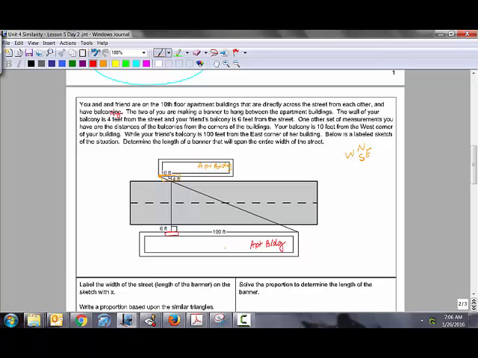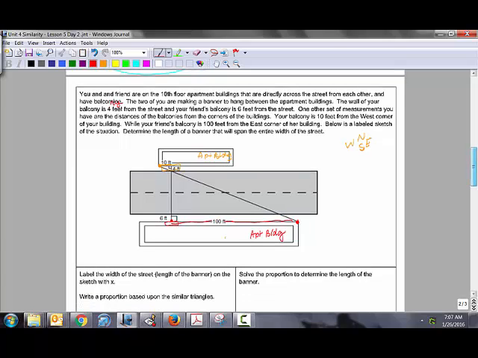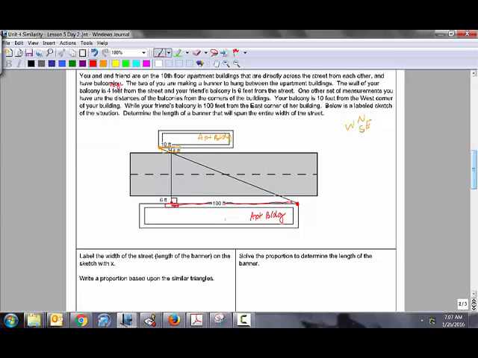And my friend was measuring from the other side of his building. We're measuring from the southeast corner, and he is 100 feet from the southeast corner of his building. And we need to determine what the width of the street is, which will be the width of our banner.